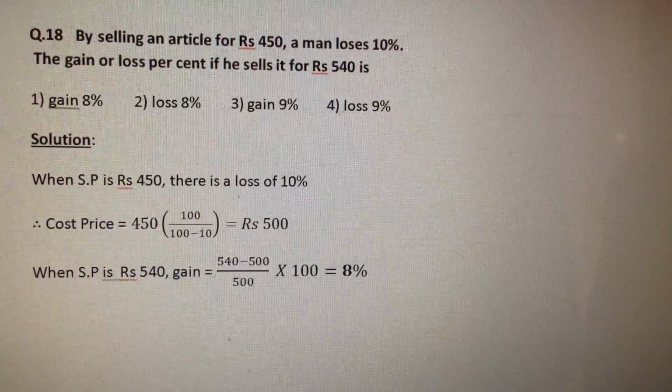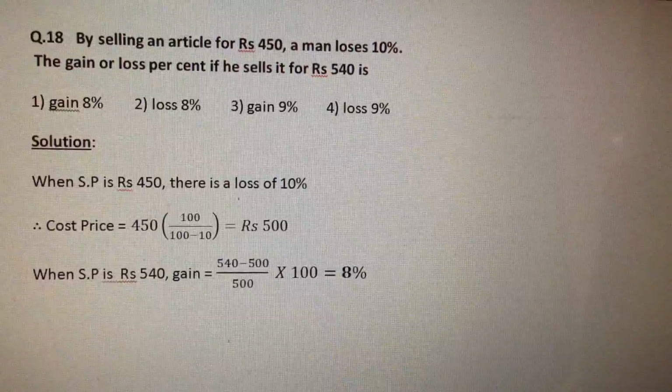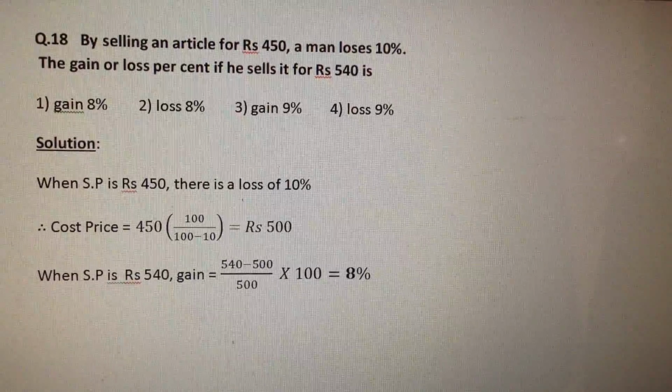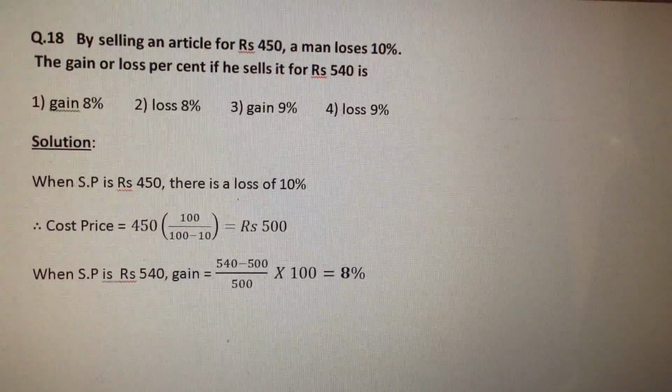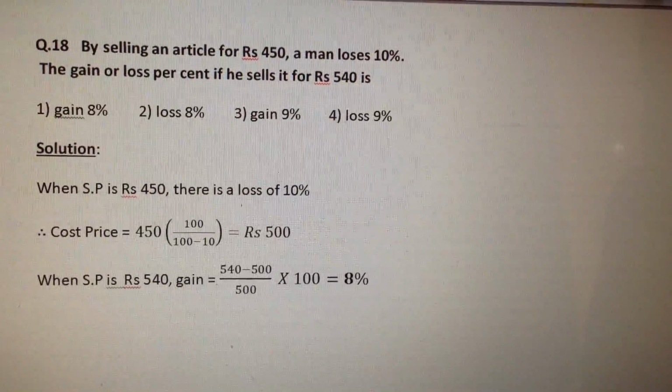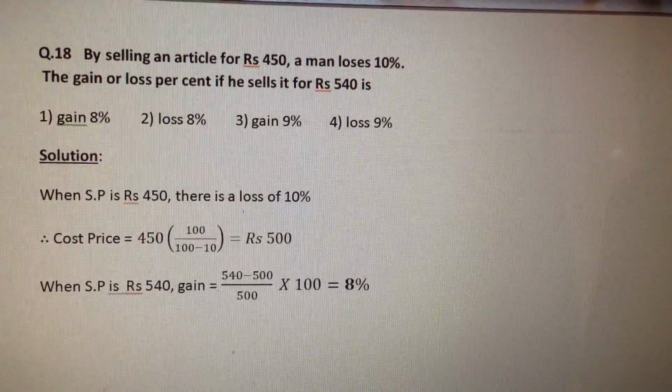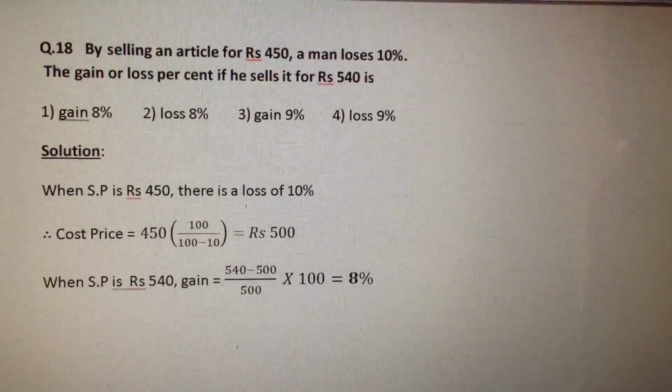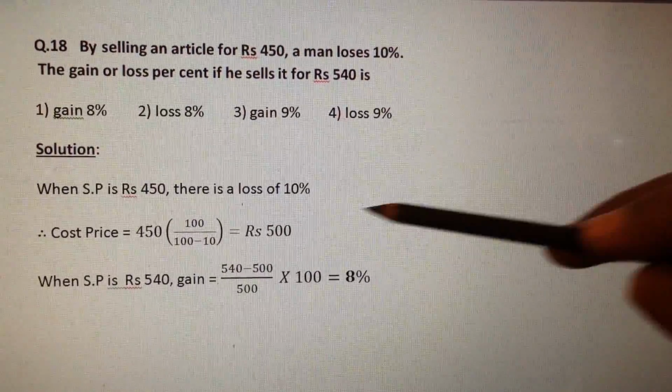Next question. By selling an article for rupees 450, a man loses 10%. The gain or loss percent if he sells it for rupees 540 is. When the sale price is rupees 450, there is a loss of 10%.